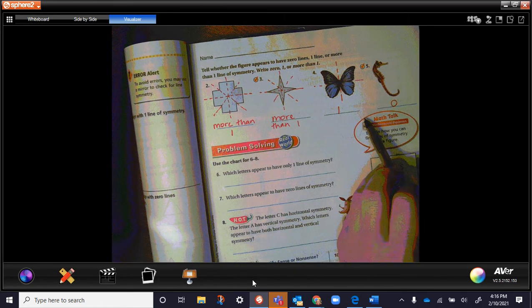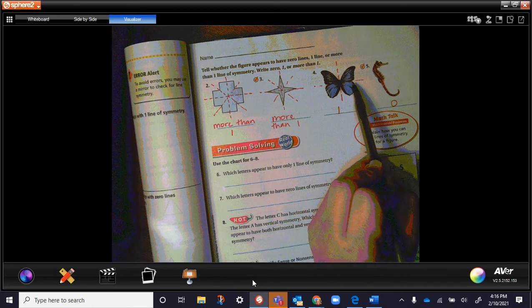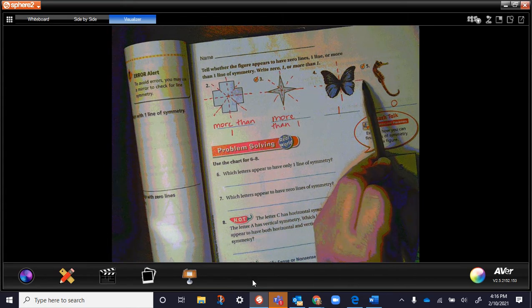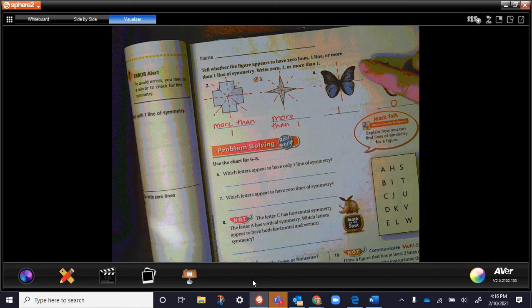Our butterfly, when we tried the vertical, we said the left side would match up to the right. But when we tried the horizontal line, if we put a line down the middle and fold the top half down to the bottom, these are not going to line up. The top half does not match the bottom, so that horizontal line is not going to work. Same thing with the diagonal.